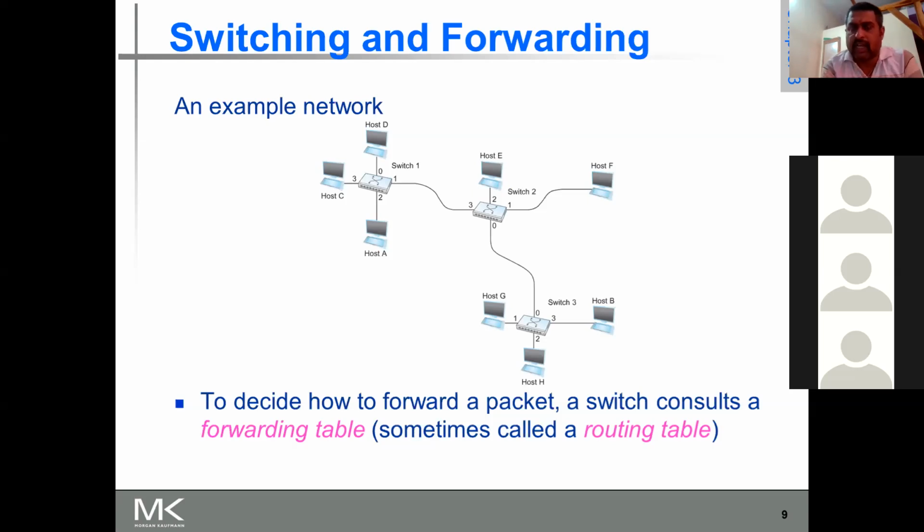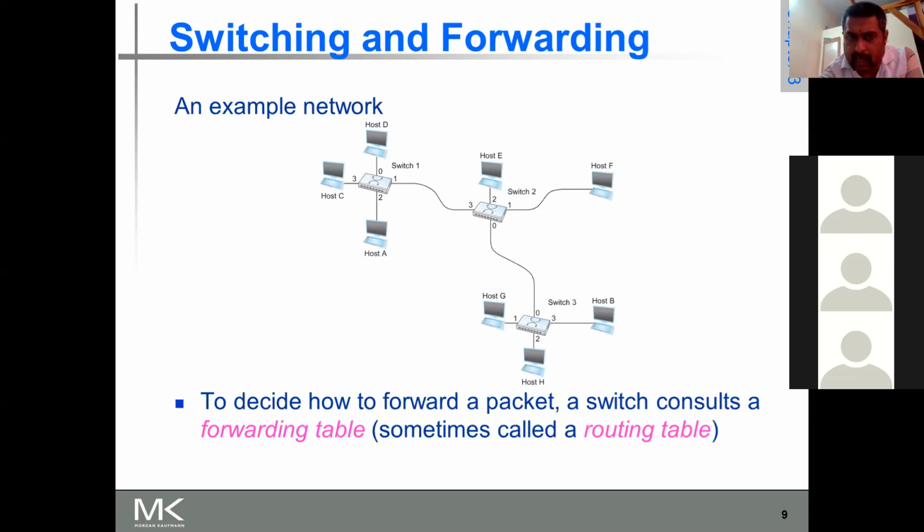Now observe the diagram carefully. First, we should know the network very clearly. In switch 1, port 0 is connected to host D, and port 1 is connected to other networks. Keep that in mind, because port 1 plays a very important role. Port 1 is the output port here, host A is connected to port 2, and host C is connected to port 3.